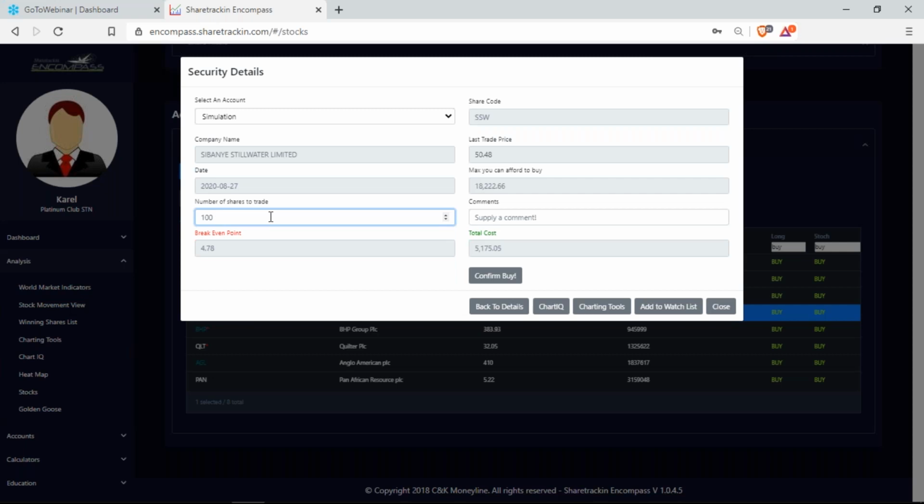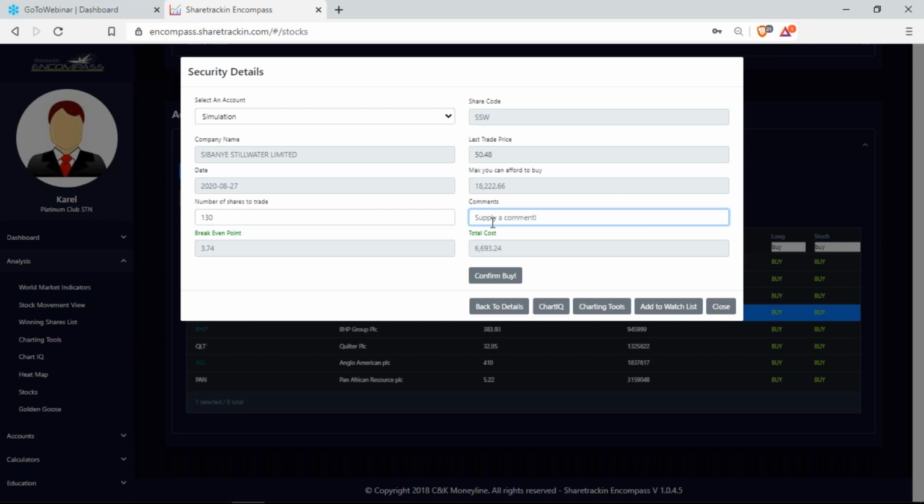If I buy 100, it's 4.78. So I must still move it up. You will note that I am busy slightly changing everything. Let's say I buy 130 shares, for example. My break-even point is at 3.74. And now I must apply a reason.